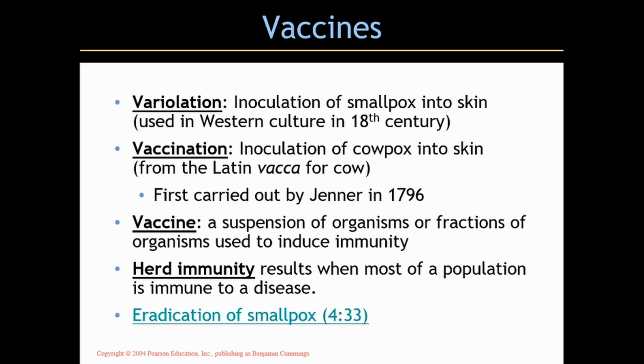They would take some scrapings from smallpox lesions on people that had smallpox, dry them out, and then scrape the residue into a healthy person. As a result, they developed immunity against smallpox.